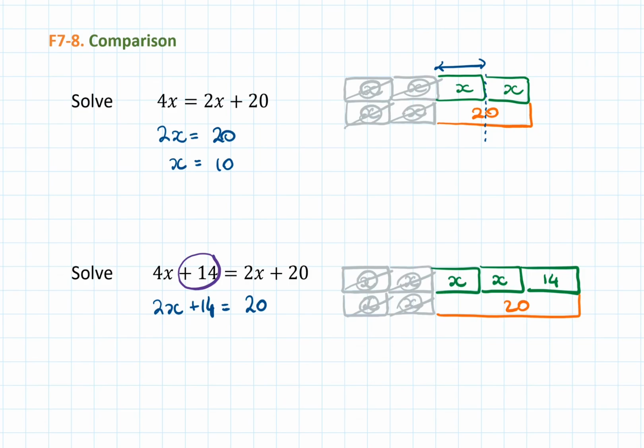Now we deal with the 14. 14 on the top, 14 on the bottom. The 20 changes into a 6, which leaves us with 2x equals 6. Therefore 1x will be 3. Now you know how to solve F7 and F8 questions as well.